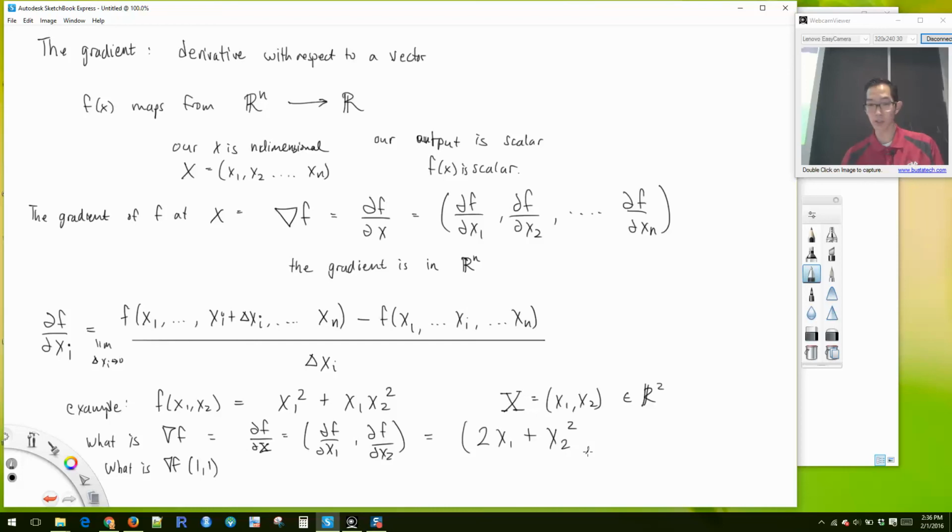And then with respect to x2, this disappears because that's just a constant, and by the power rule we get 2x1 x2. So far so good. If we want to evaluate this at the location 1, 1, we just plug in 1 and 1, and we get 2 plus 1, so 3, and 2.